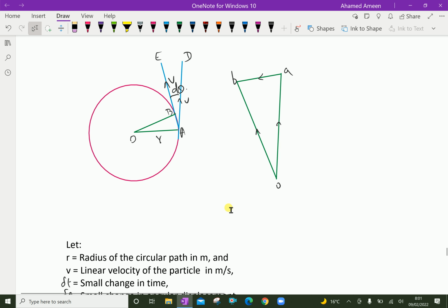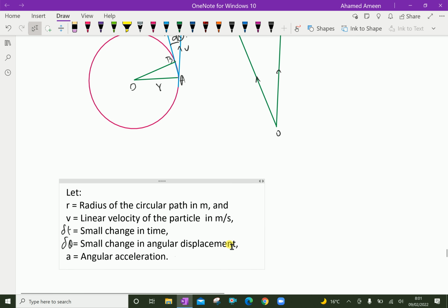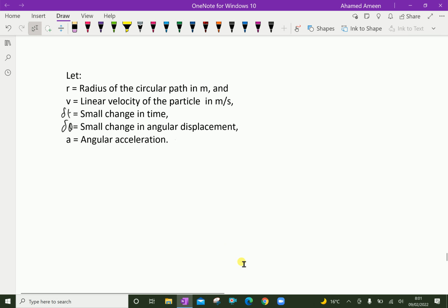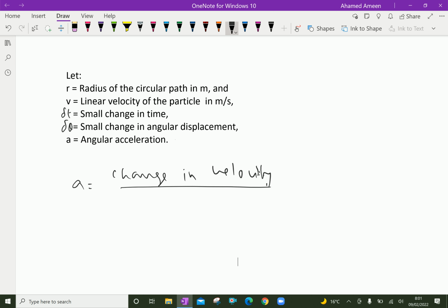Now the acceleration a equals the change in velocity over the change in time, that is, in vector terms, AB over delta t.